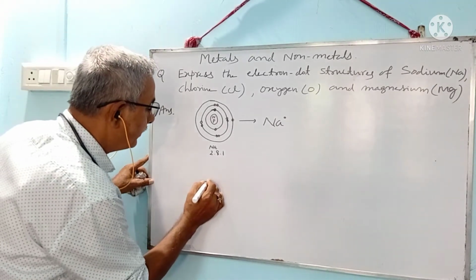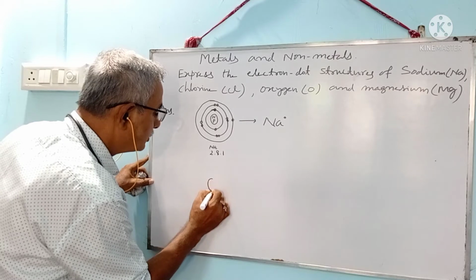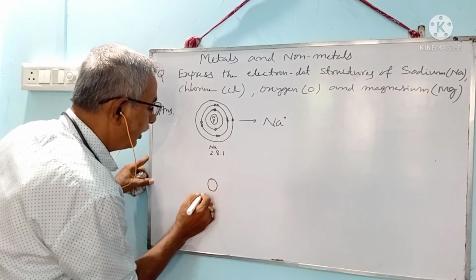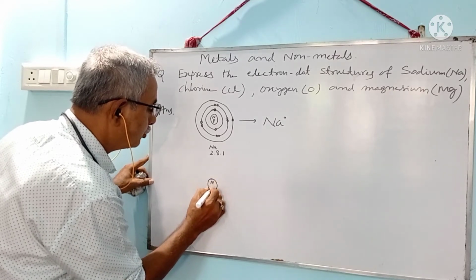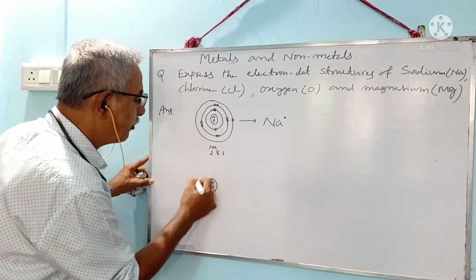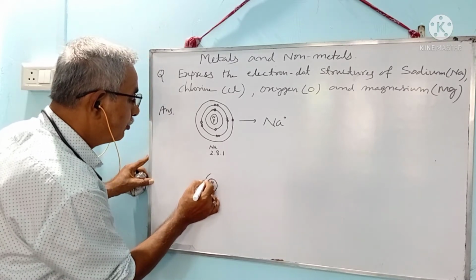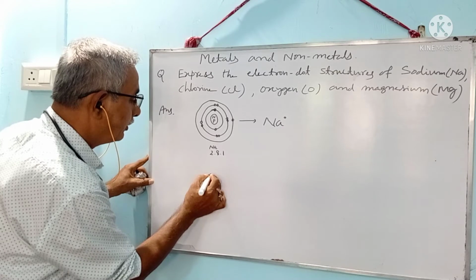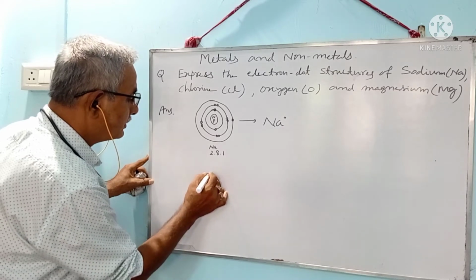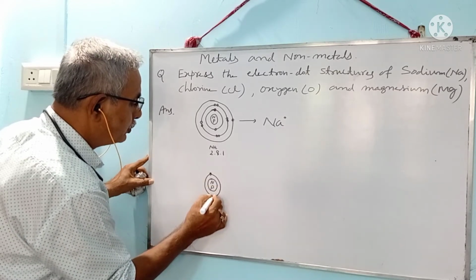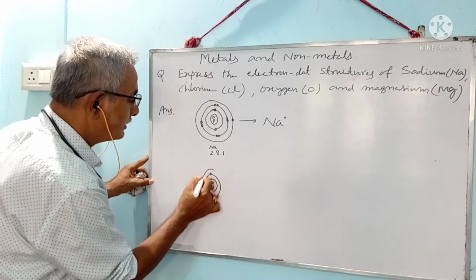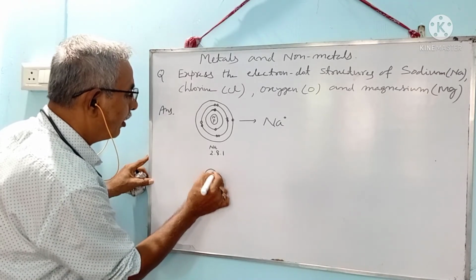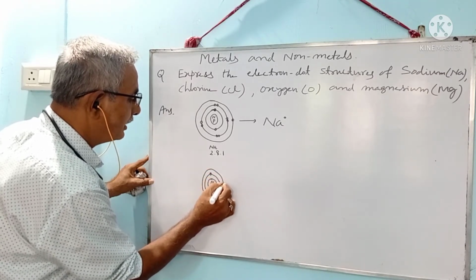So first you write here the nucleus, that is neutron and proton. I don't mention how many are there. Here you see, in the first cell you are getting 2 electrons. In the second cell or energy level you are getting 8 electrons.